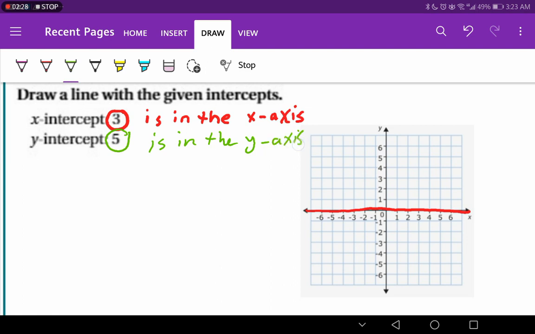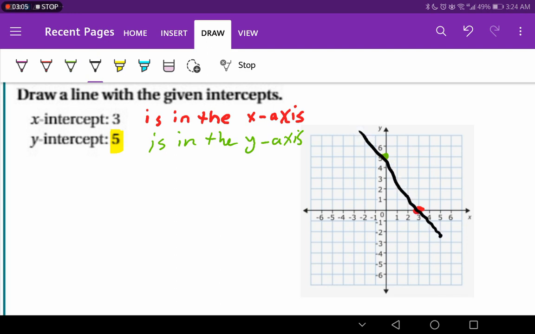Where's the y-axis? This one. So the 3 is on the x-axis. Where is the 3 on the x-axis? Here. That means the line will pass through the 3 on the x-axis, and the line will pass through the 5 here on the y-axis. Are you happy with that? Then what, teacher? Then connect them by drawing a line.